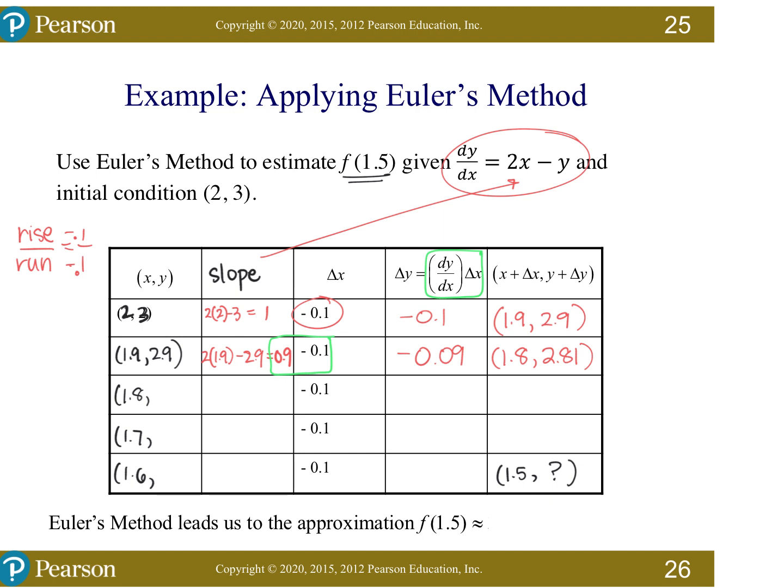All right, we keep going again. So now this is 2.81, so this is my new x and y. My slope will be 2x minus y, so 2 times 1.8 minus 2.81. And then what will that give me? I think I better give myself a little more space here. 2 times 1.8 minus 2.81.